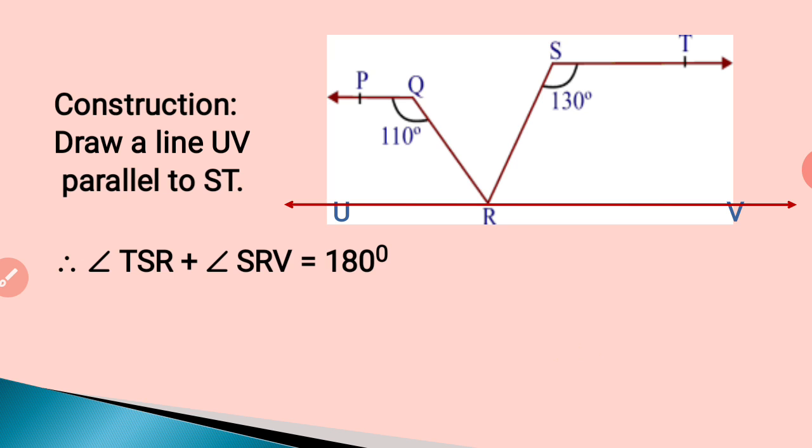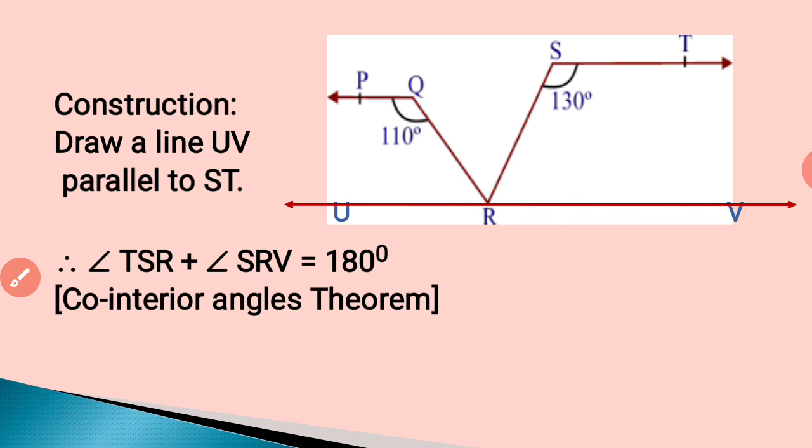We have constructed UV to be parallel to ST. In that case, these two angles are co-interior angles, so their sum is 180 degrees. That means they are supplementary. This is nothing but the co-interior angle theorem.